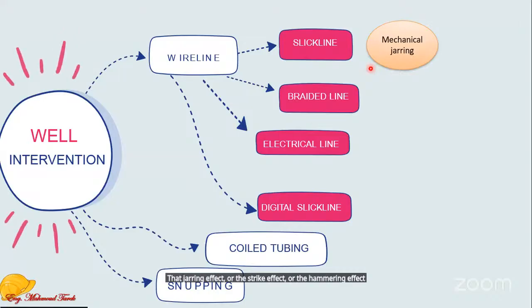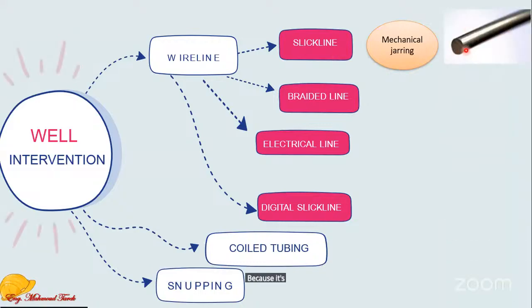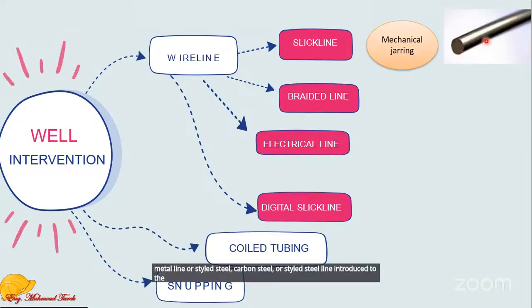Any mechanical operation can be introduced by a slickline because it is a rigid, thin metal line, carbon steel or stainless steel, introduced to the well. The elasticity of this slickline allows the mechanical jarring or mechanical operation.